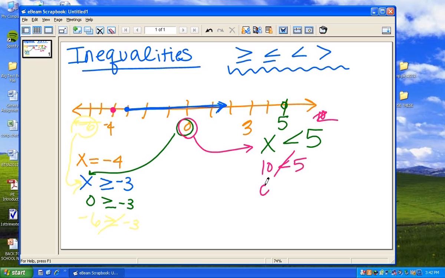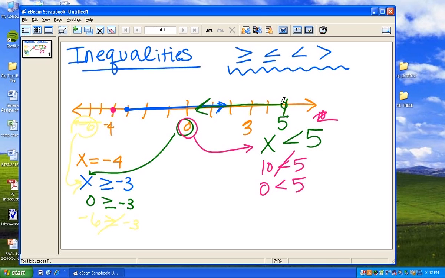Is 0 less than 5? Yes, it is. And therefore, I'm going to draw my line in this direction and show that x is less than 5 by showing an open circle for the less than and a line going to the left, since x can be all of those values. All of those numbers are less than 5.